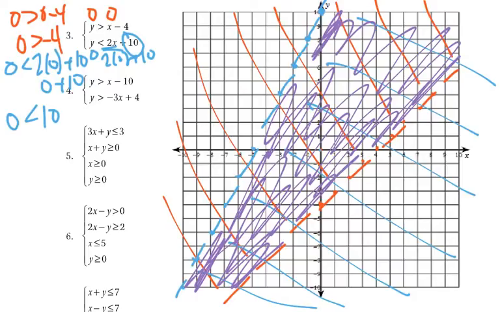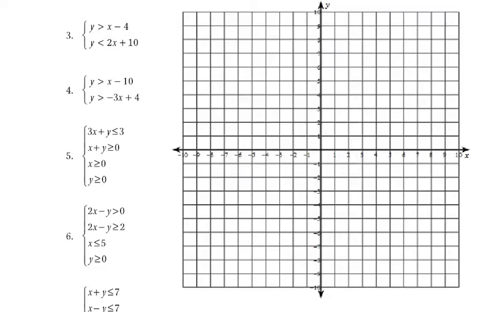Alright, number 4. Okay, so looking at these, number 4, positive 4 for y-intercept, go up to 4. Negative 3, so that's like negative 3 over 1, so I go down 3, 1, 2, 3 to the right 1.